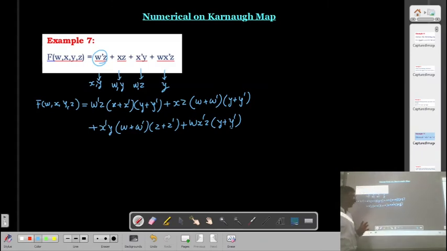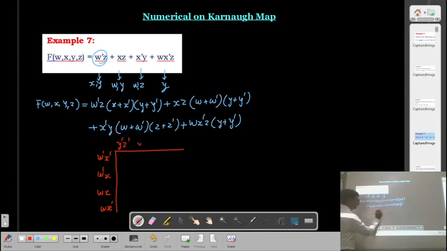But if you look at the Karnaugh map, then the Karnaugh map will be like this. Here what we can do, w x, 2 variables, we will take on a vertical column. So w dash x dash, w dash x, w x and w x dash. This will be y dash z dash, y dash z, y z and y z dash.